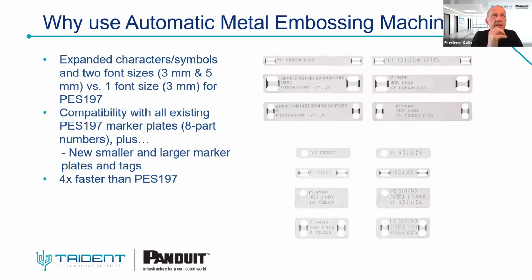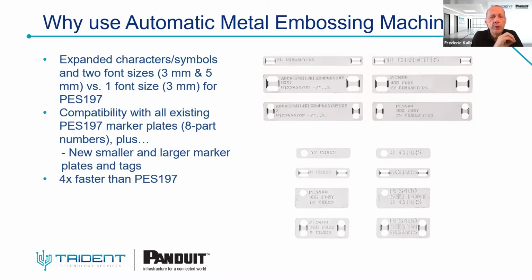Why? Because it offers expanded character and symbol possibilities, and also two font sizes, 3 and 5 millimeters, when we had only one font size on the old PES 197 machine.